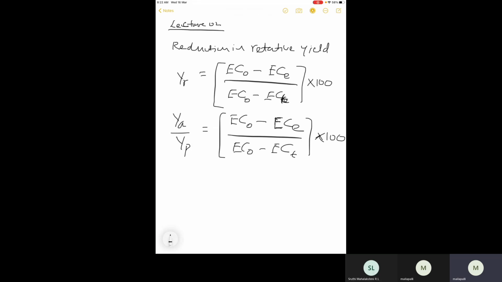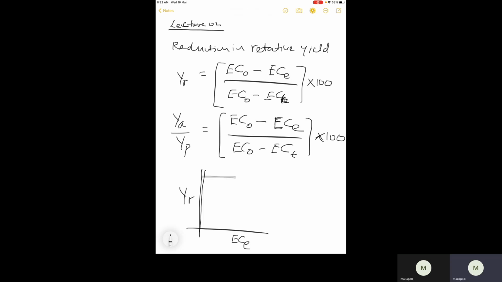If you look at the graph between relative yield and EC, this is ECE, the saturated soil extract.